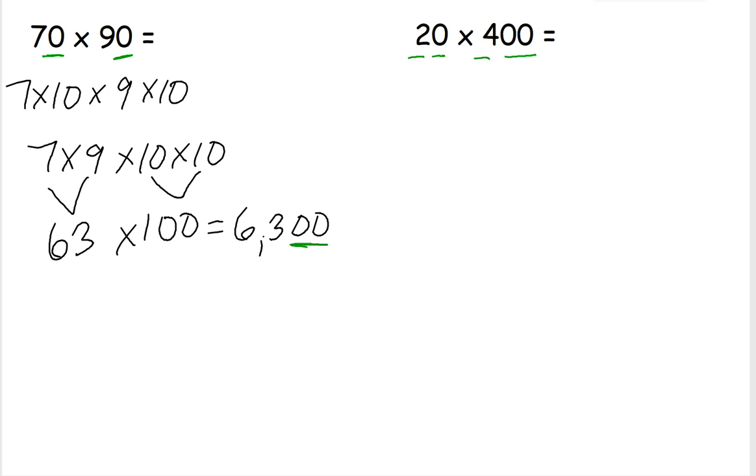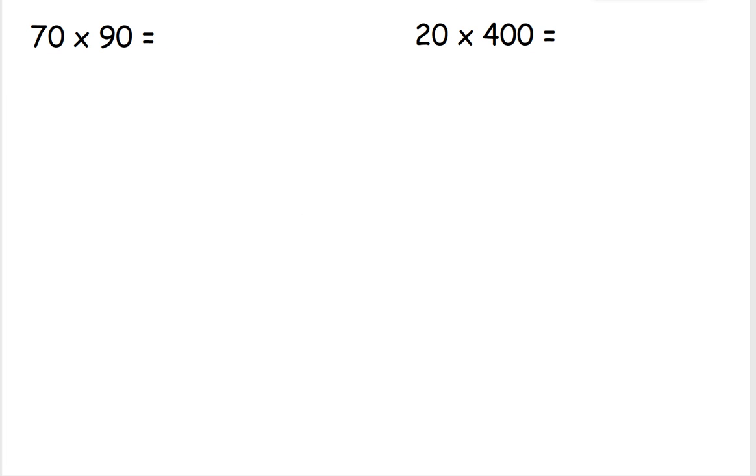So let's start with 70 times 90 again. With this trick, I would do 7 times 9, which is 63. Then I would add however many zeros there are in the problem. In this case, there are 2 zeros, so I would add 2 zeros to it. So I got 6,300, which is the same as I got before.